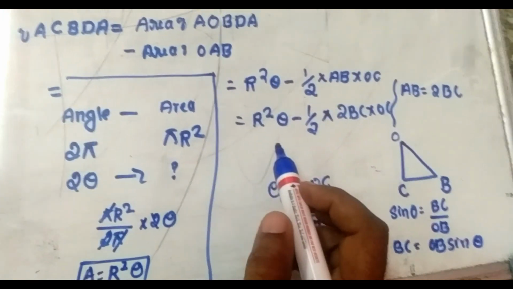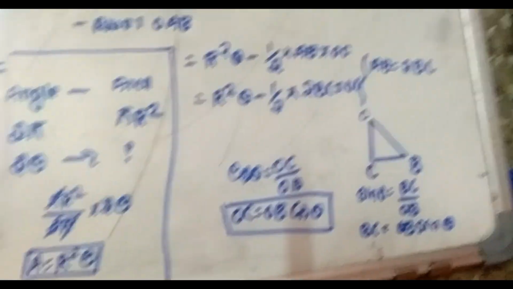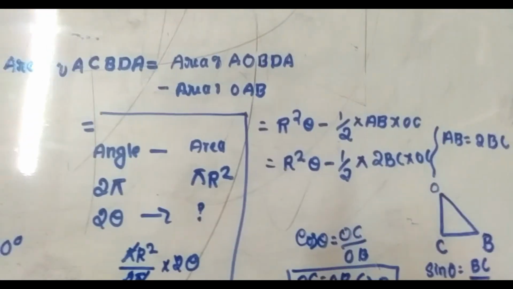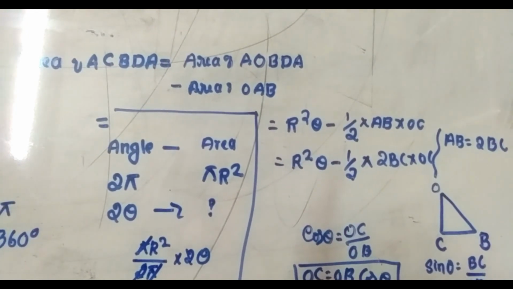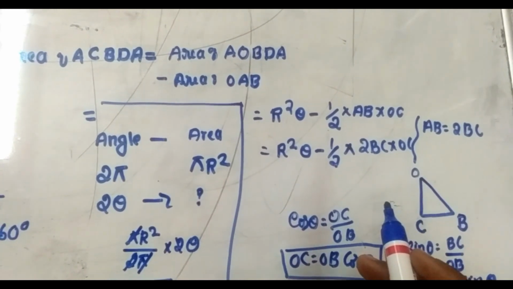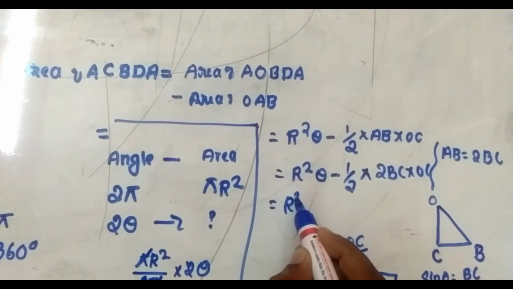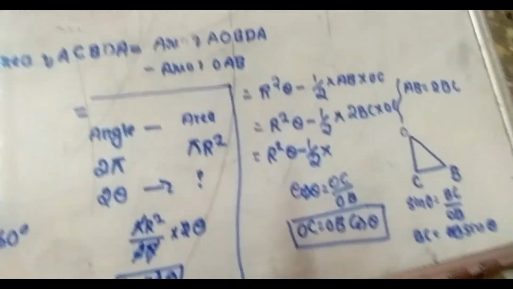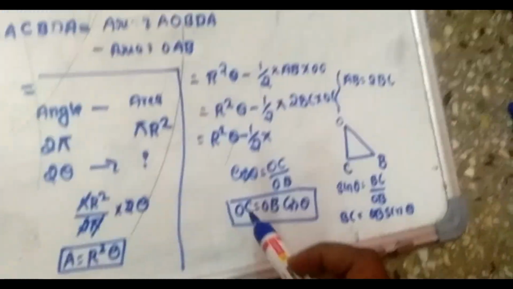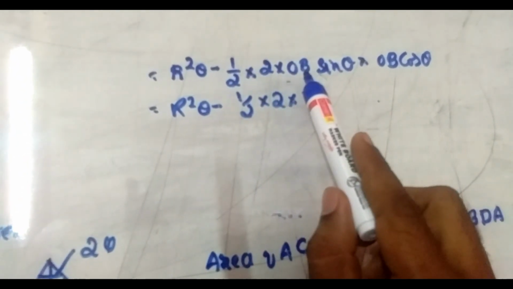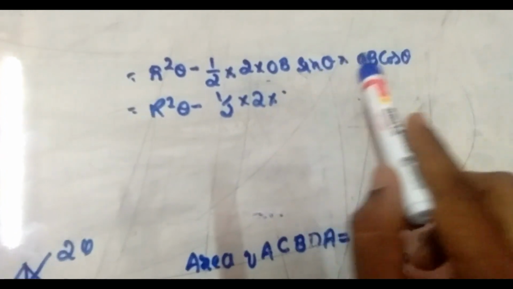So I can write r²θ minus half into 2 BC OC. We have OC equal to OB cos θ and BC equal to OB sin θ. So r²θ minus half into 2 OB sin θ into OB cos θ.